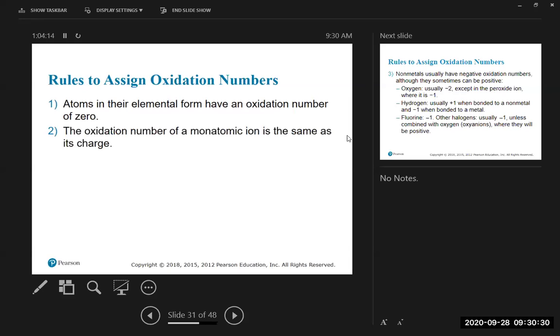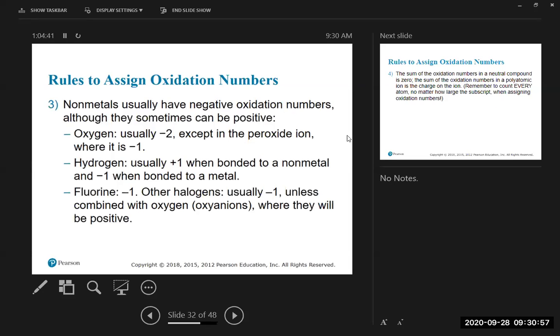Okay, when we assign oxidation numbers, remember, this is just something we're using to keep track of things. Atoms in their elemental form have an oxidation number of 0. The oxidation number of a monatomic ion is the same as its charge. Nonmetals, remember, are on the periodic table in the upper right-hand corner, to the right of that stair step.